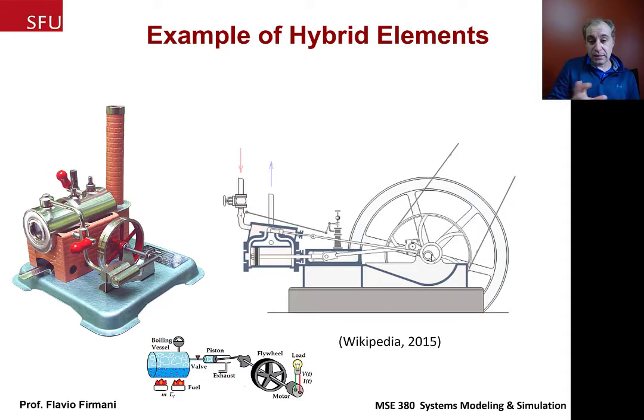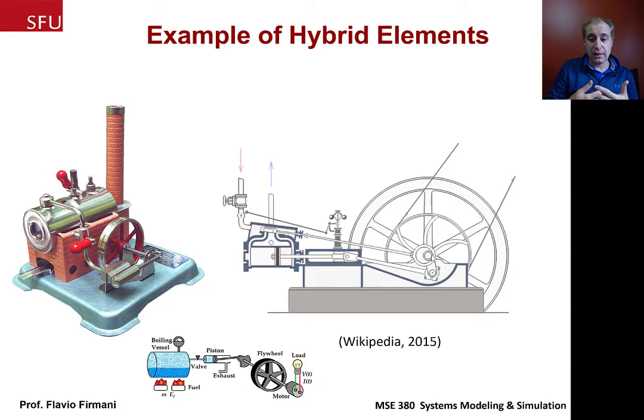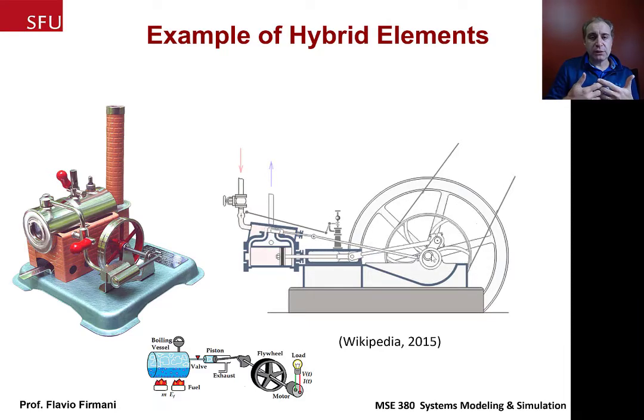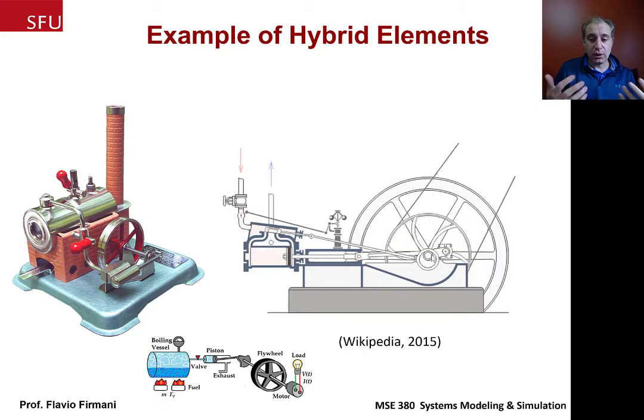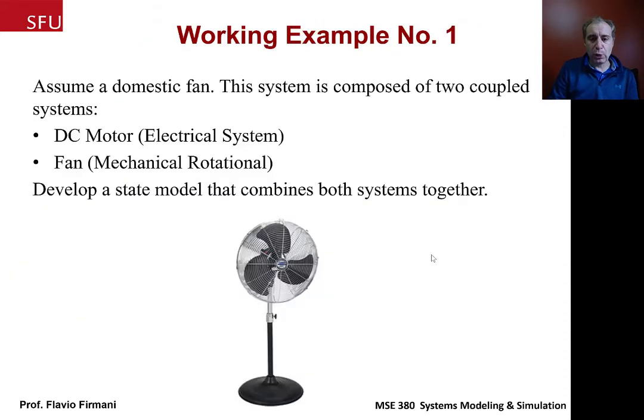So you can see that there are many domains, and there is going to be a relationship between them, and in most of the cases we're going to consider a linear relationship that will allow us to make this connection between the domains. In the next couple of lectures, one on Friday and one on Wednesday, we're going to cover two examples.